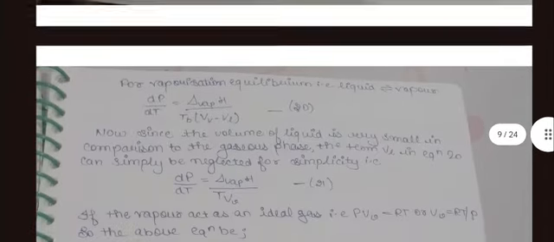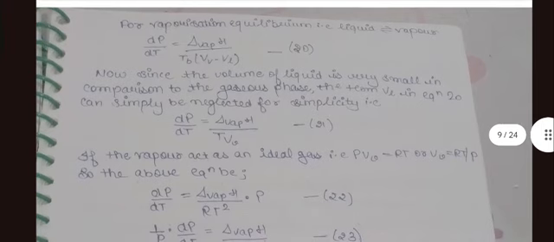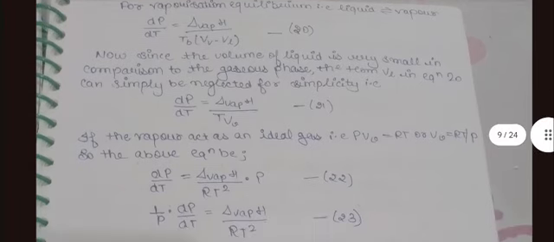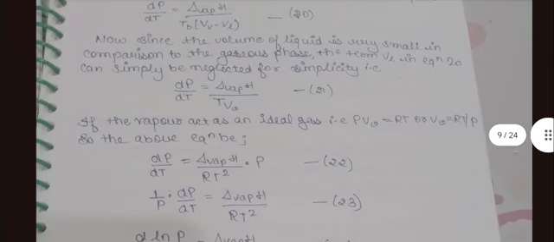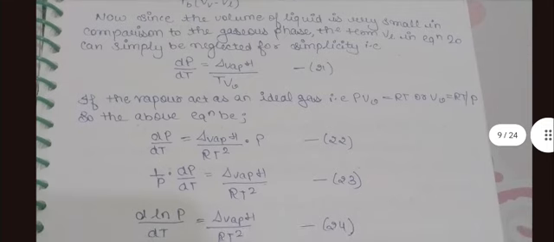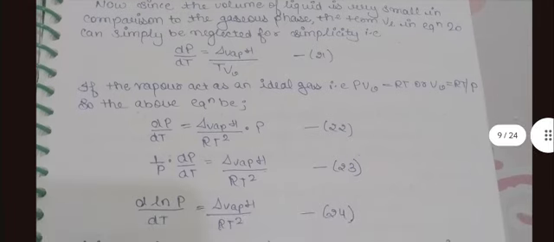For vaporization equilibrium, that is, liquid in equilibrium with vapor, dP by dT equals delta vapor H by Tb (Vv minus Vl). Now, since the volume of liquid is very small in comparison to the gaseous phase, the term Vl in equation 20 can simply be neglected. For simplicity, dP by dT equals delta vapor H by T Vv.